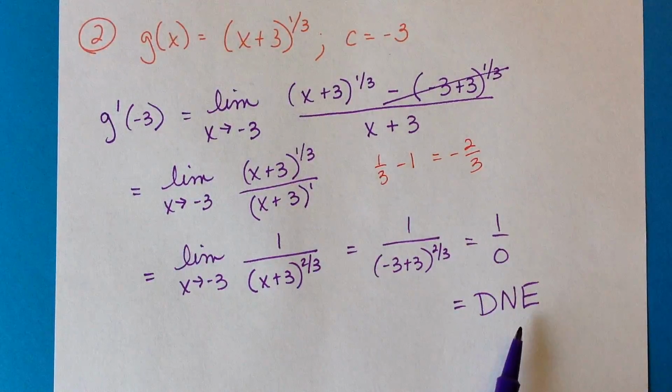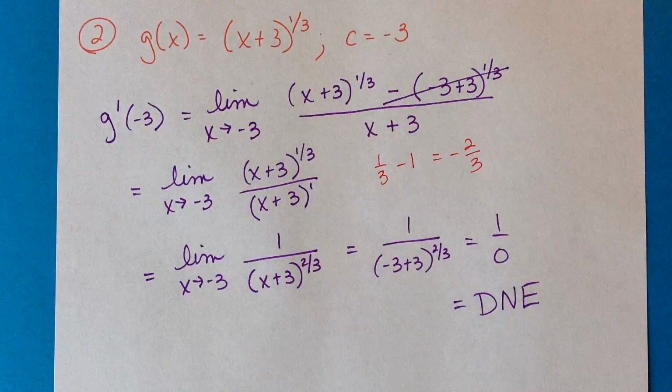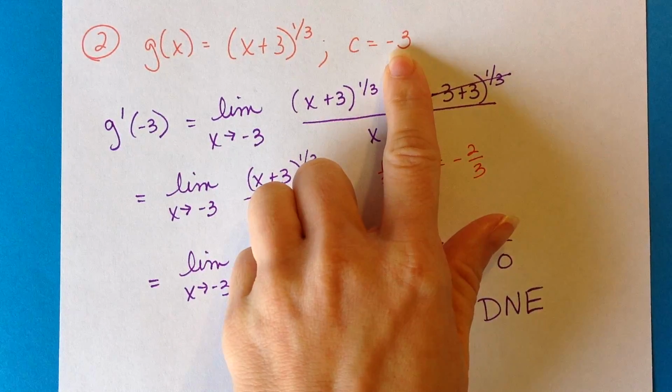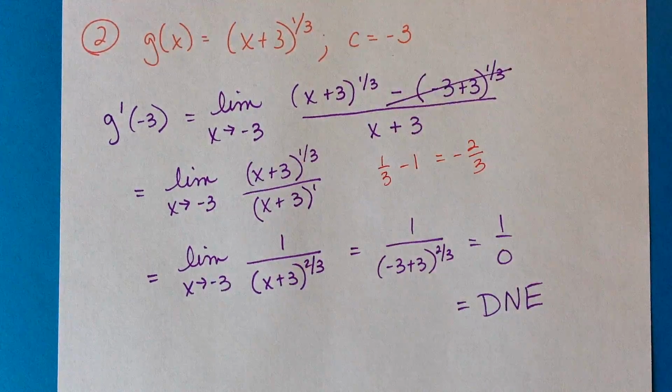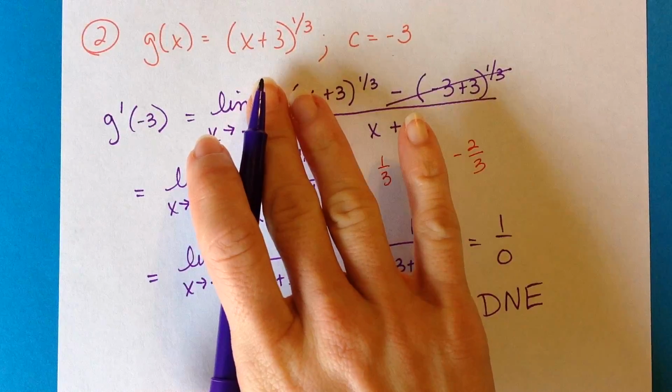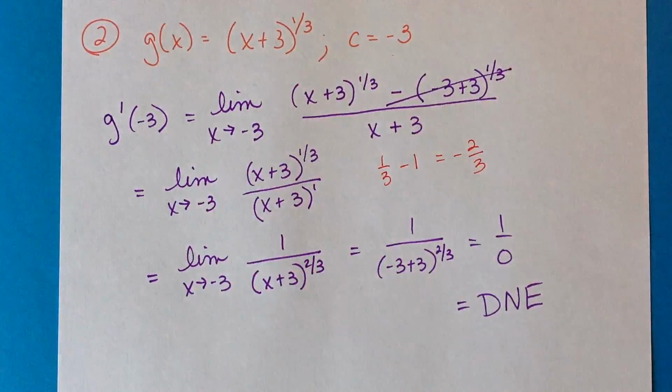I know we're doing a limit. Limit does not exist, but then that tells us that it's not differentiable at -3. Now, I could take the same function, change this to a different value, and I might be able to get it to be differentiable. So just because I get does not exist here doesn't mean that this is not differentiable everywhere.